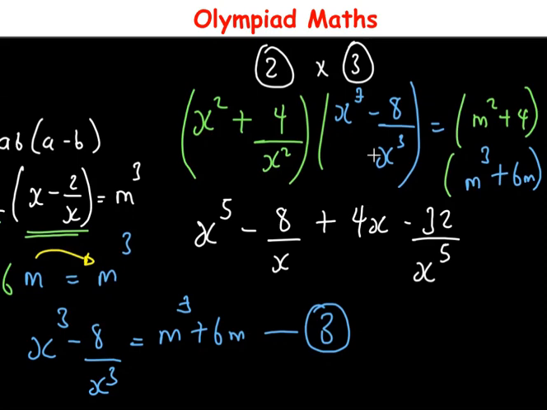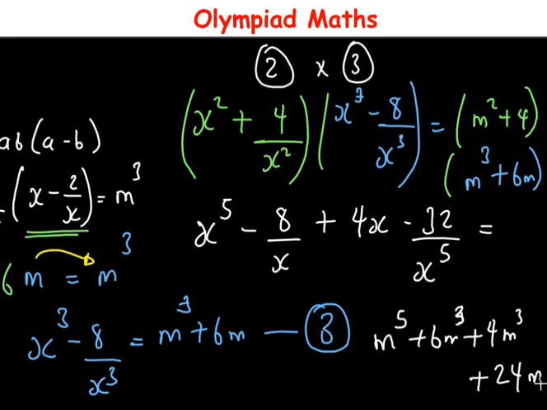And this is equal to, multiplying this, m² times m³ is simply m raised to power 5. Then m² times 6m is plus 6m³. Then 4 times m³ is plus 4m³, and 4 times 6m is simply plus 24m.